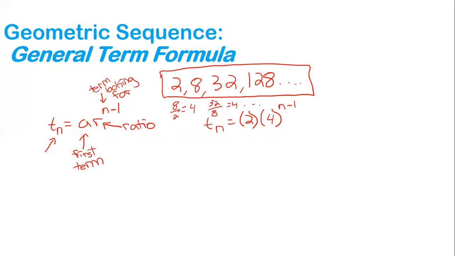So if we were going to attempt to find the 16th term, we simply plug 16 in for n. So t sub n is equal to 2 multiplied by 4 raised to the 16 minus 1. So 4 to the power of 15 is a huge number.